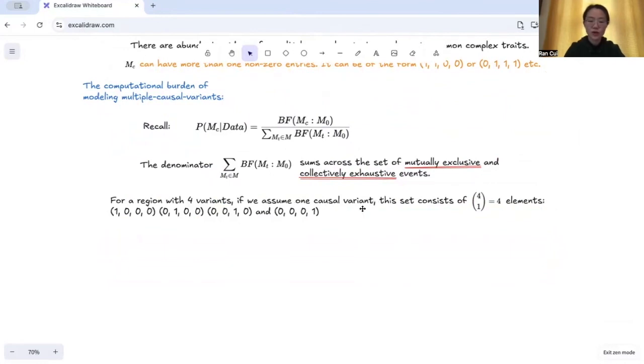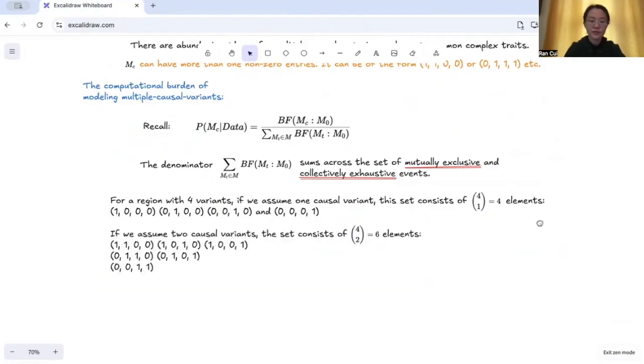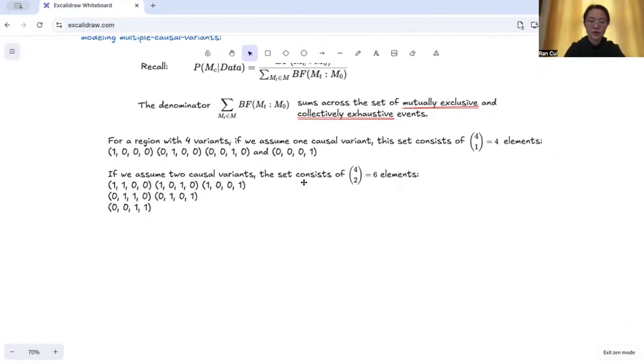If we just assume one causal variant, then this set of mutually exclusive and collectively exhaustive events has 4 choose 1, 4 elements. And if you assume 2 causal variants, then this set consists of 4 choose 2, 6 elements. If you allow all possible causal configurations, 1, 2, 3, 4, then the set consists of 2 to the fourth minus 1 equals 15 elements, minus 1 just excluding the model that has no causal variants.